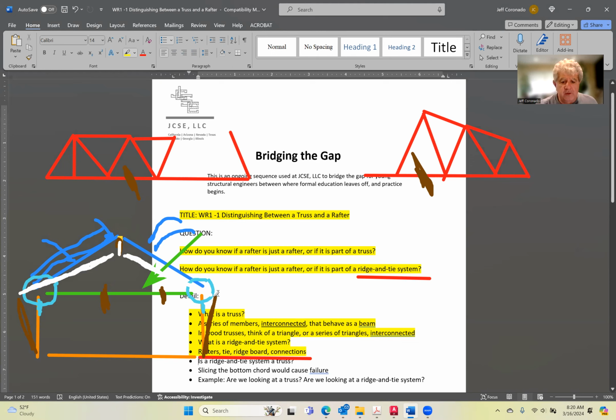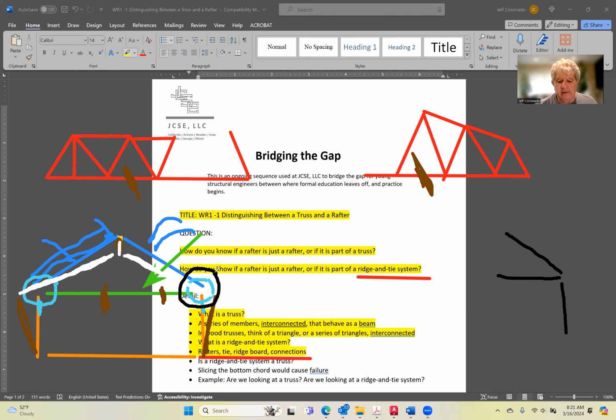So going back to this connection, if we focus on the rafter here, the ceiling joist, and let's say the wall, so this is kind of looking at this juncture. That's what we're looking at over here.